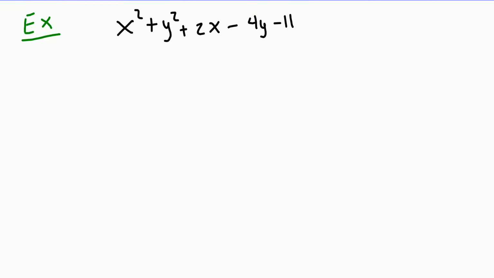Let's put all of our x's together, all of our y's together, and move our constant to the other side. So we have x squared plus 2x plus y squared minus 4y equals 11. All I did was put my x's together, my y's together, and then I moved the -11 to the other side, so it became positive 11. Now let's add our boxes.